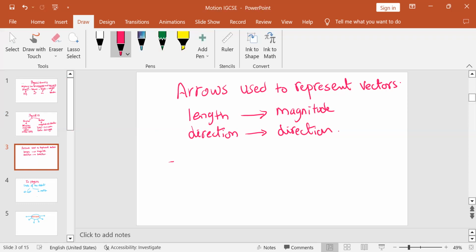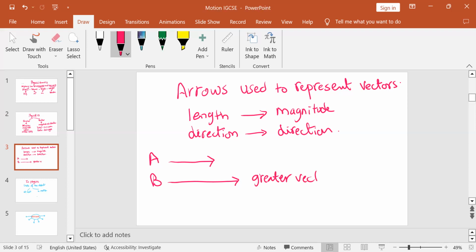So here, if we have vector A and vector B, which one is bigger? Which vector has greater magnitude? B. Bravo, because length represents the magnitude. So B is the greater vector.